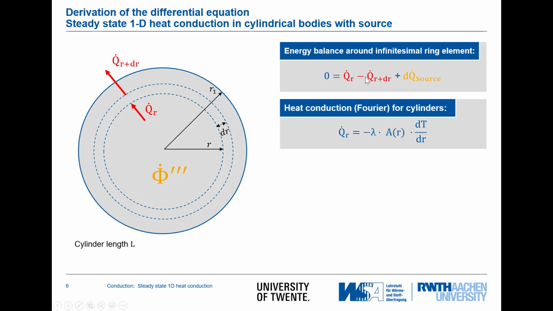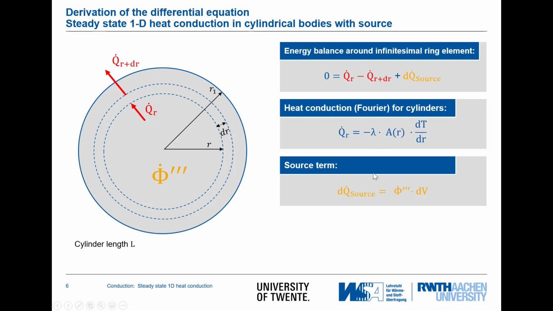Now, the two heat fluxes by conduction, they can be calculated using Fourier's law, of course, for a cylinder, so the area is a function of the radius. For the source term, we have to take into account the heat flux that is generated inside our control volume.